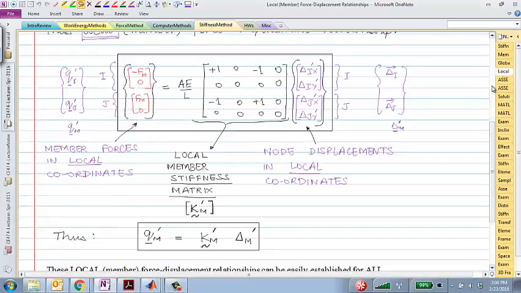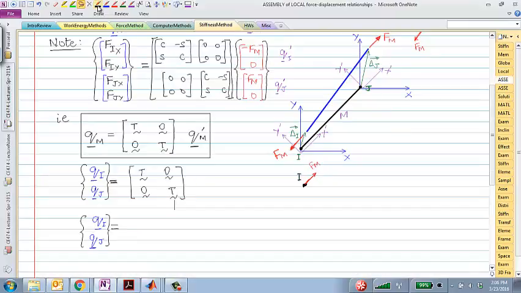You should be able to see it is Km prime times delta m prime. So I'll write that here, Km prime times delta m prime. And what I want to do is to convert this from the local coordinate system to again the global coordinate system. So what should I do in order to do that?